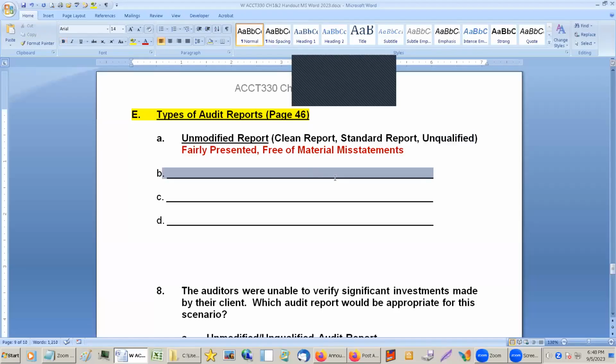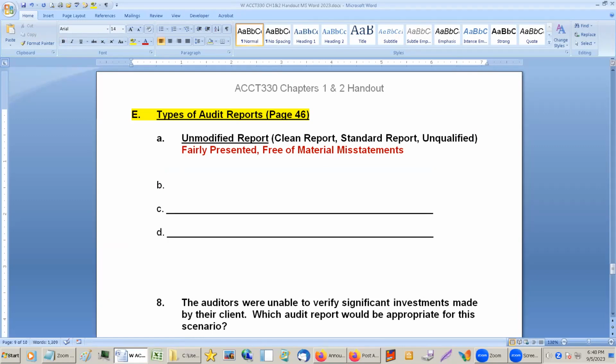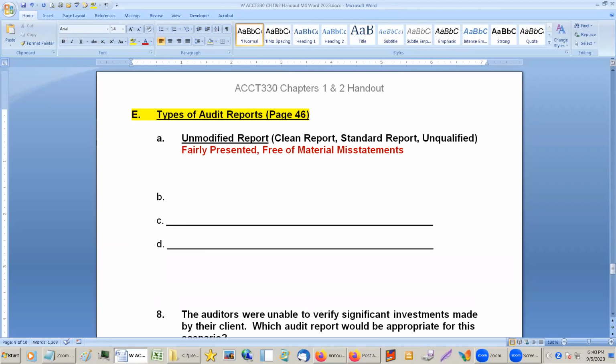So the first one is an unmodified report. The rest of these are what we call modified. Rather than doing it on each one, I think I'll just put a heading here. So the next three reports are going to be modified.